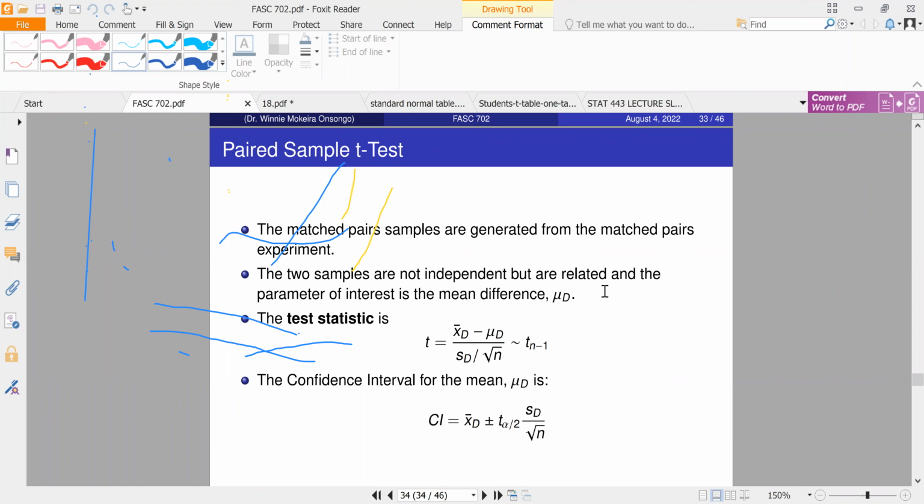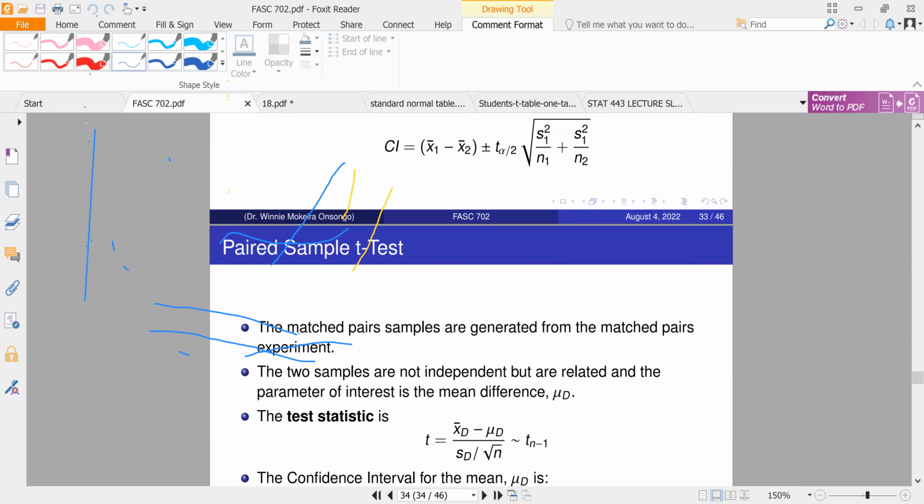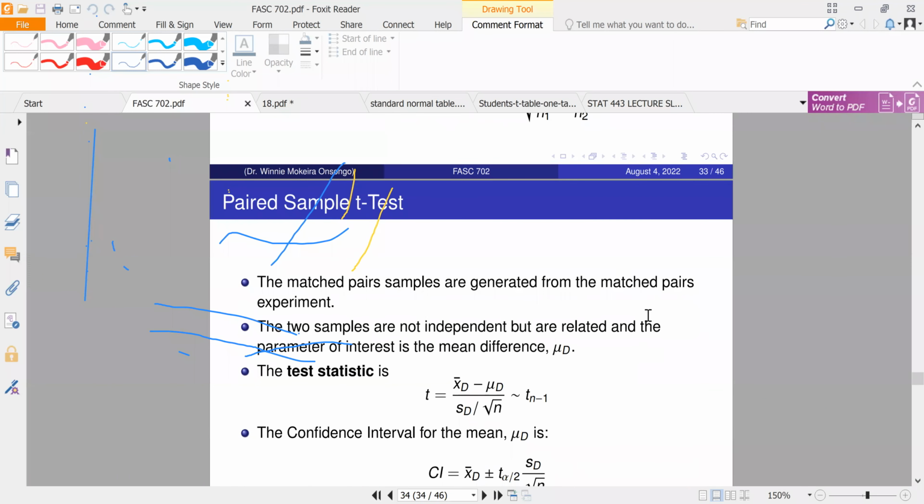Note that we are having matched pairs of samples. From an experiment, we can generate matched pairs of samples, and these samples are not necessarily independent, but they are related with respect to the parameter of interest.